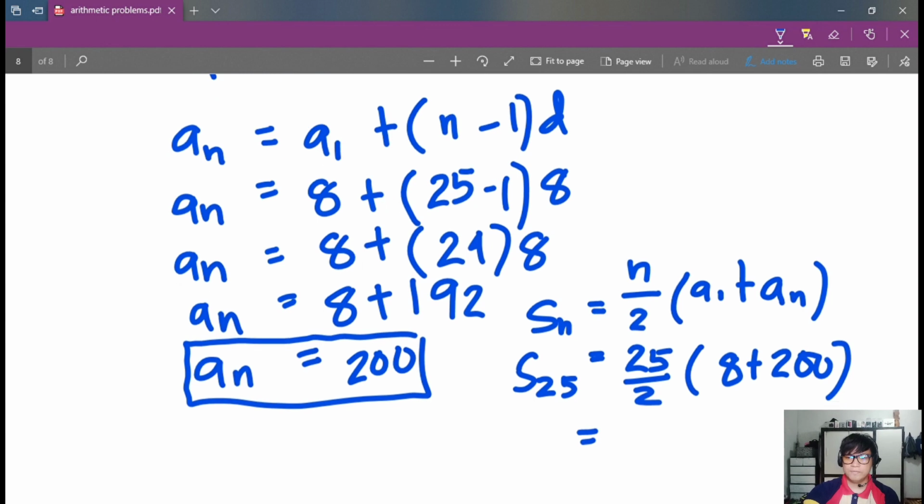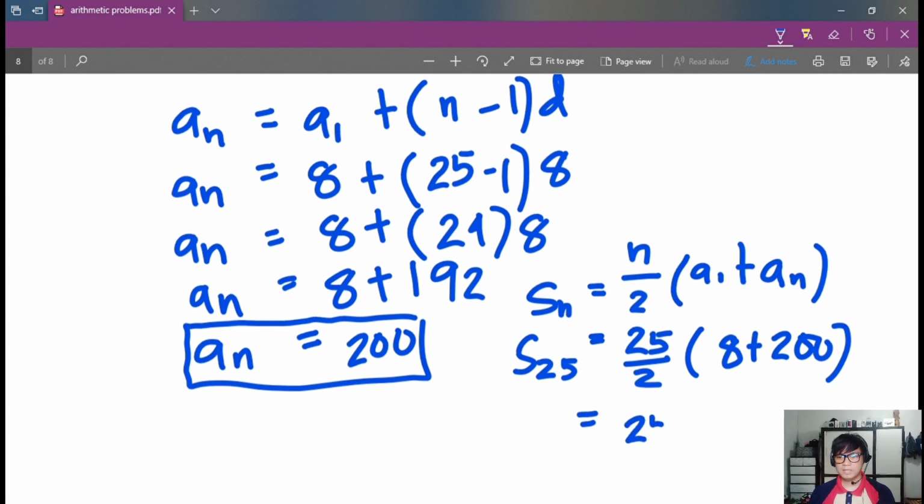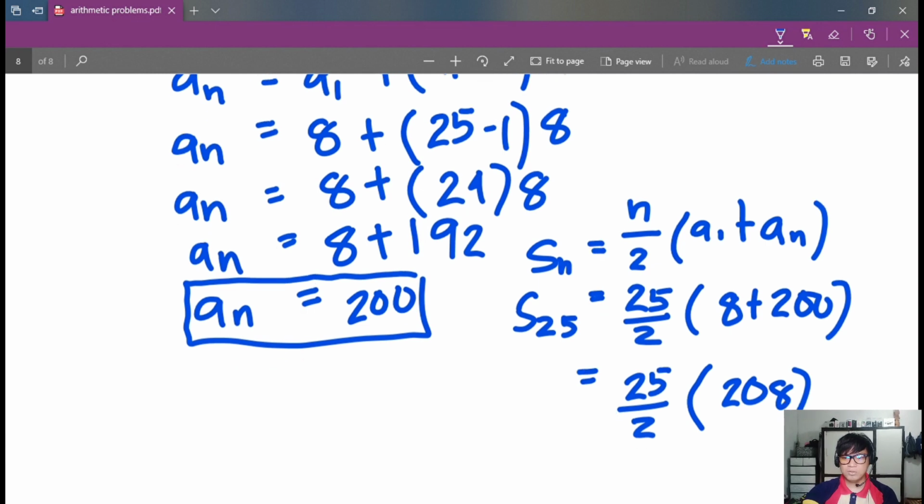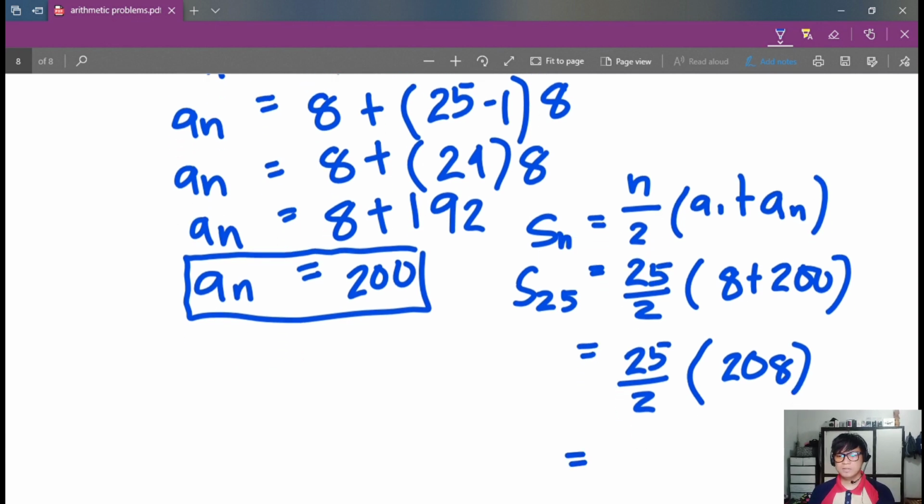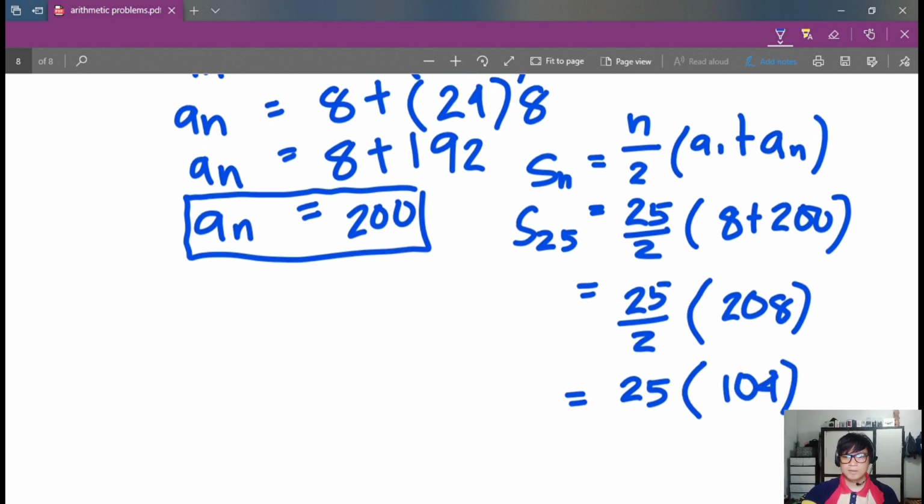It won't divide evenly, so let's just copy the 25 for now, times 208. And 208 divided by 2, you can divide that: 208 divided by 2 is 104. So, 25 times 104. So, the sum of the first 25 terms is 25 times 104. What is the answer on the calculator? The answer is 2,600.